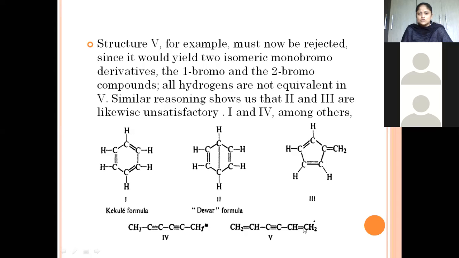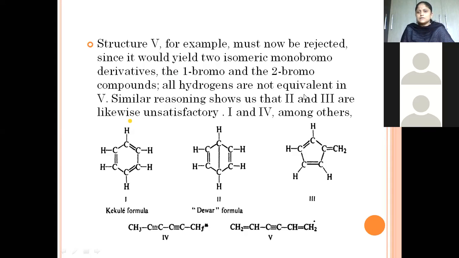So there is substitution of bromine at this position as well as at this carbon atom as well as at this carbon atom, because this is a free radical derivative. So structure fifth must now be rejected since it would yield two isomeric bromobenzenes, 1-bromobenzene and 2-bromobenzene compounds.